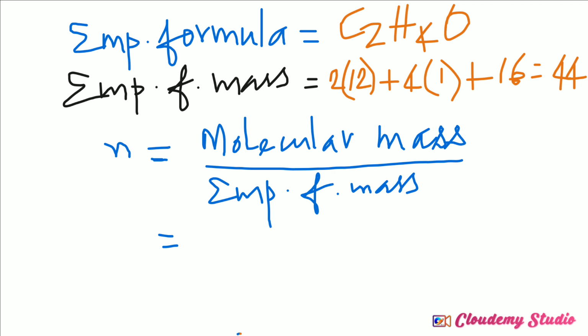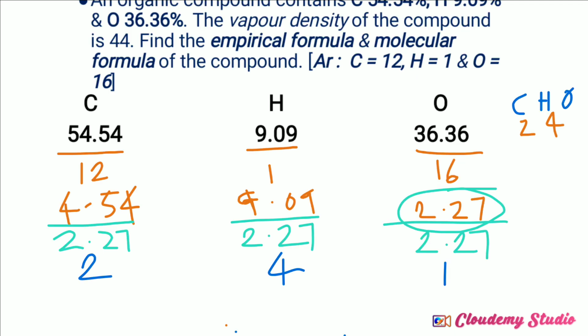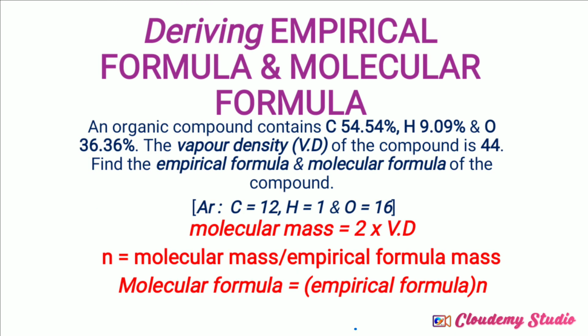What is given in the question? The molecular mass is given indirectly. The vapor density of the compound is given in the question. The vapor density of the compound is 44.